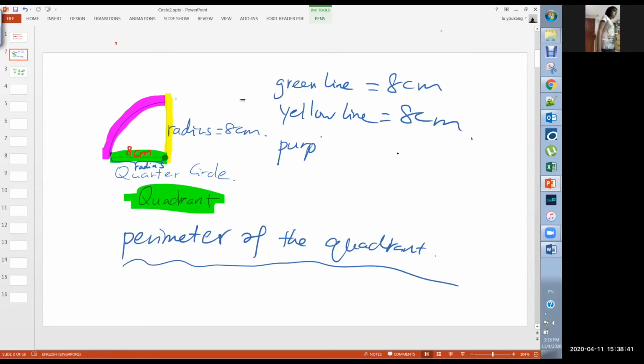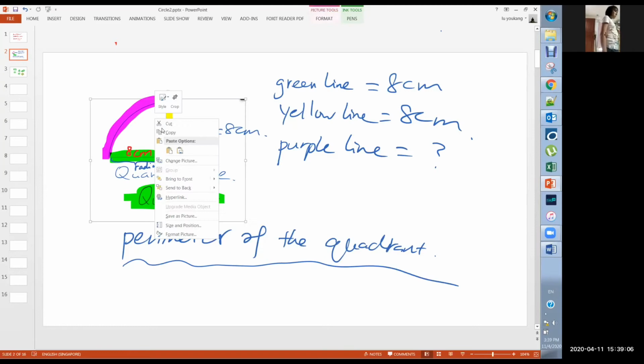How do you find the purple line then? Any idea how to find the purple line? 8. Oh, 8. Why 8? Why do you think it's 8? Because you see everything is 8, so it must be 8, is it?